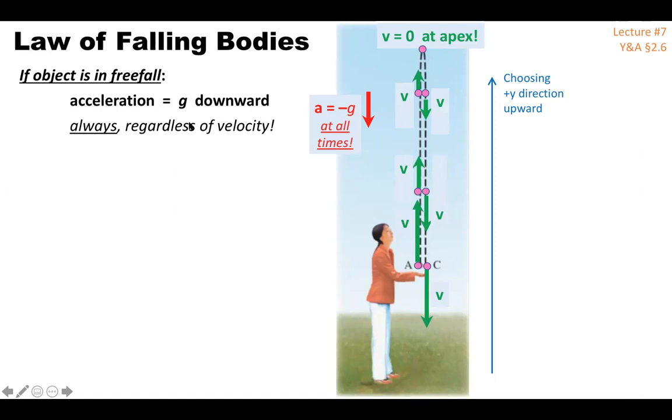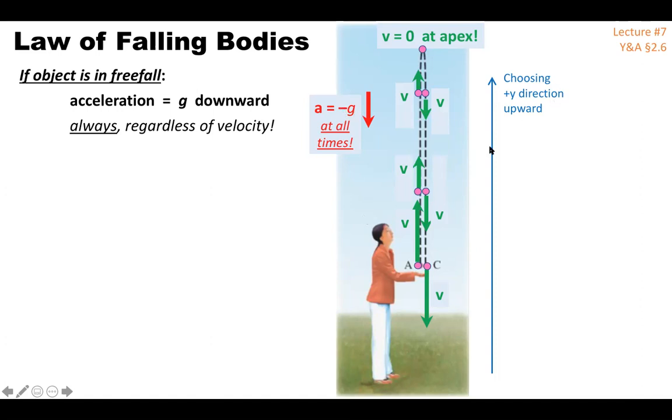And it doesn't matter whether the object's velocity is going up or going down, or if the object happens to be momentarily at rest, like it is here, turning around between upward and downward. At all of the little snapshots shown here, at all points along this free-falling object's path, we would say that this object is in free fall. This object's in free fall on the way up. This object's in free fall at the top. This object's in free fall on the way down, and therefore its acceleration always has a magnitude of g, and its direction is always toward the center of the Earth.